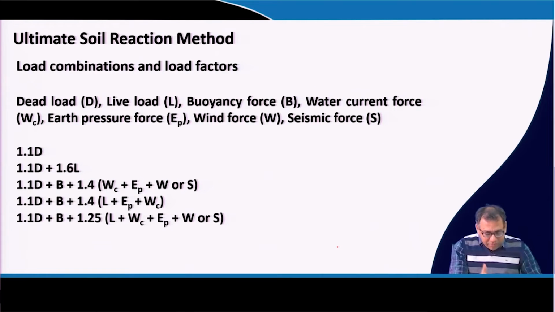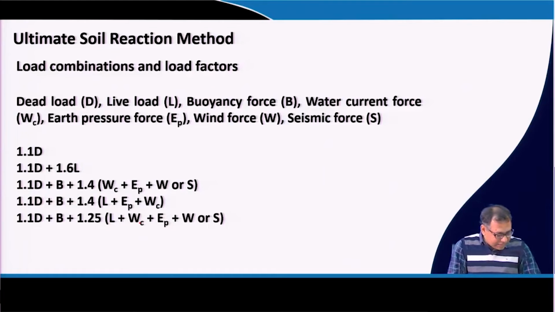Now, when this live load is applied with the other forces, you can see in the last combination, when it is added with dead load, 1.6 is the load factor. But when it is added with the water current, earth pressure or wind load, it is 1.25, because it is very uncommon that when there is a wind load or seismic load, the maximum amount of live load will act at the same time.